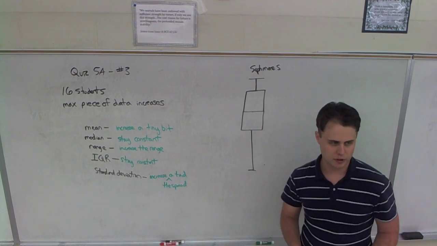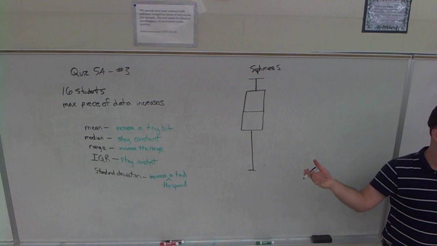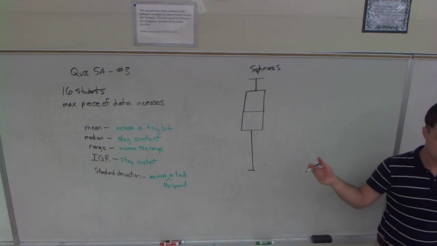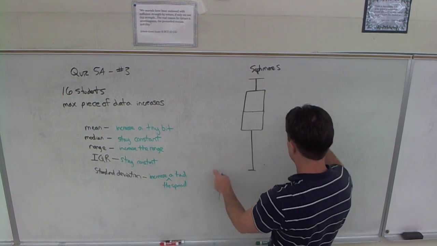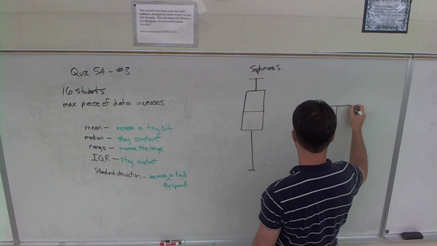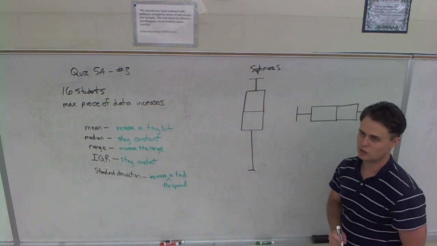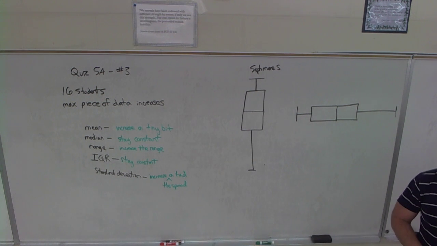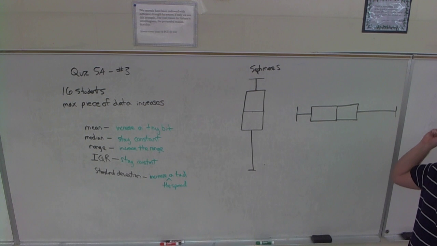If you have a vertical thing like that, whether it's a stem and leaf plot or a box plot, you should be taking that and turning it like this. So look at this and redraw it. Something like that, right? Which direction is the tail? Tail is to the right, that means it's skewed to the right.